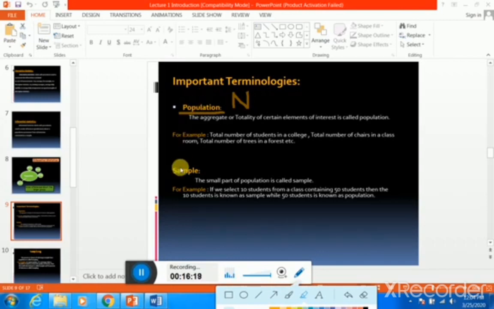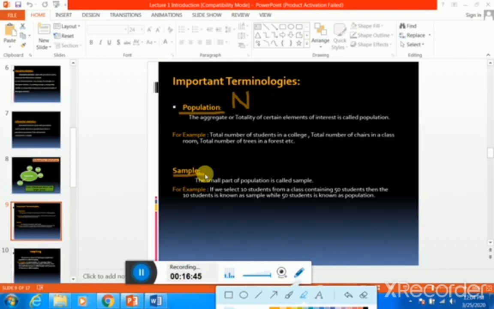Then we have the next terminology, sample. What is sample? The values taken from the whole aggregated values. Such small pieces are known as sample. So a sample is a part of the population. These small parts which are taken from the population are simply known as sample.